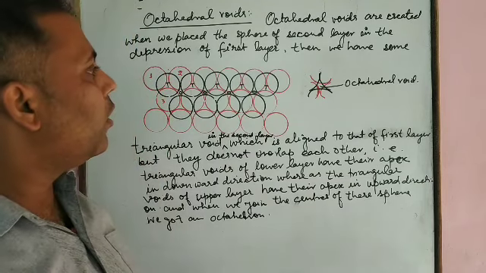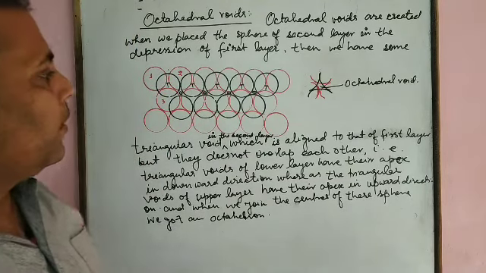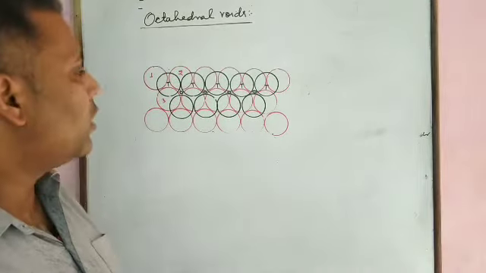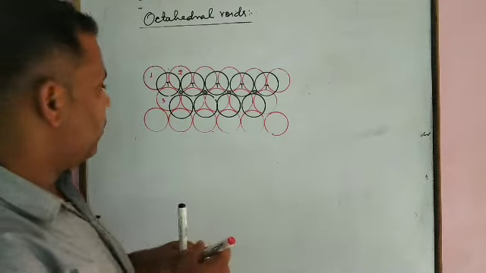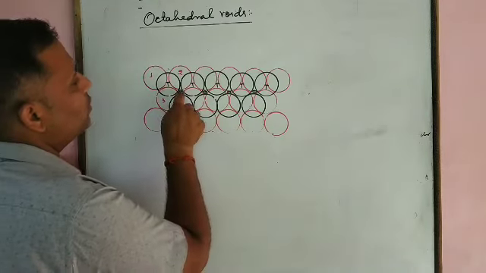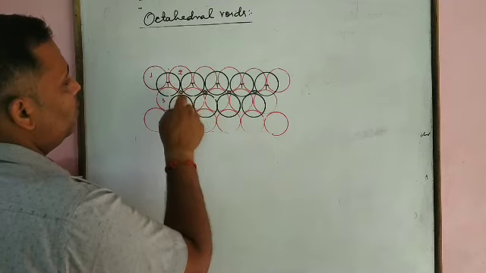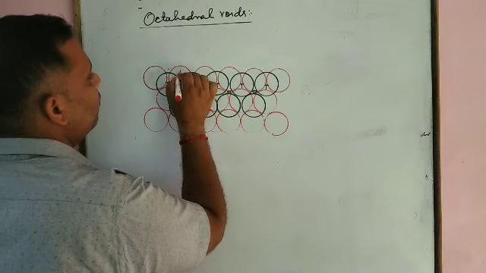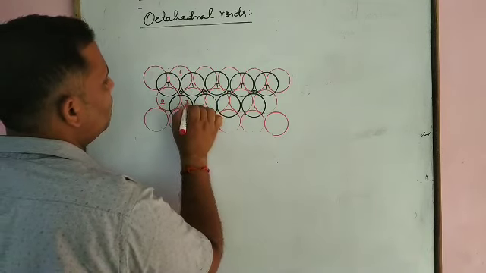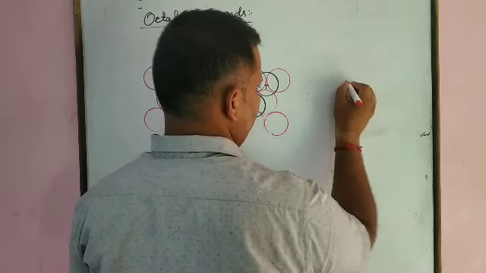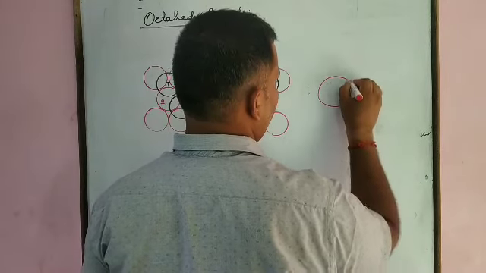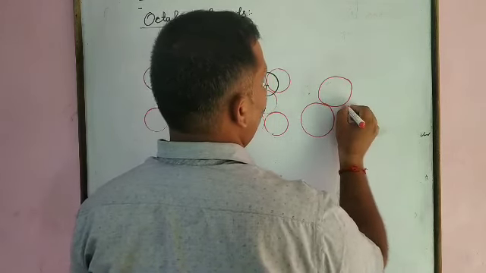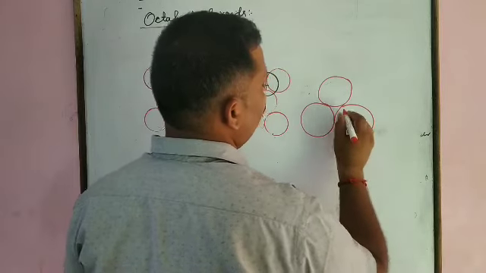How do we get an octahedron? Let us see the structure of octahedral voids. We have to draw these octahedral voids. Let us assume this one is sphere 1, this one is 2, and the next one is 3.